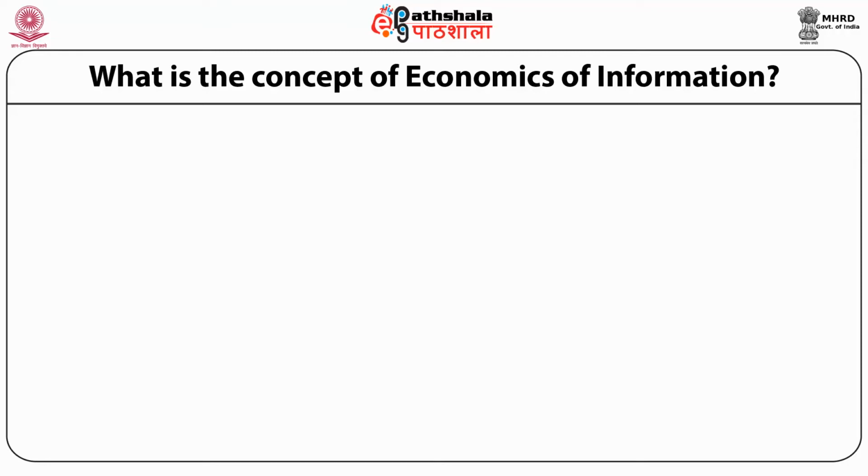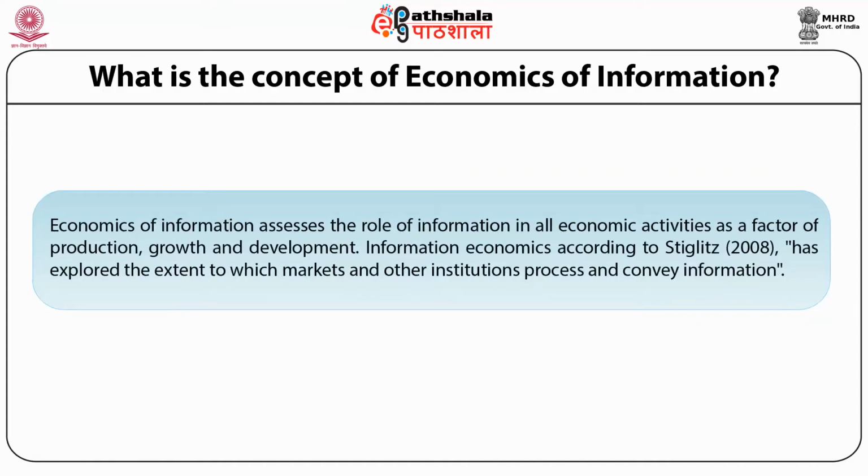What is the concept of economics of information? Well, the discipline of economics is divided into 2 general fields, microeconomics and macroeconomics. Now, microeconomics analyzes the economic decision-making process of individual units, maybe persons, households, firms, or industry in an economy.